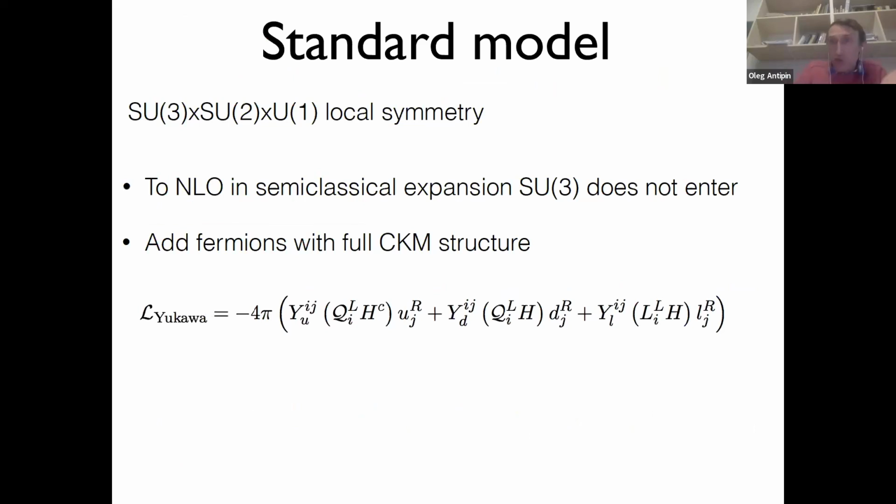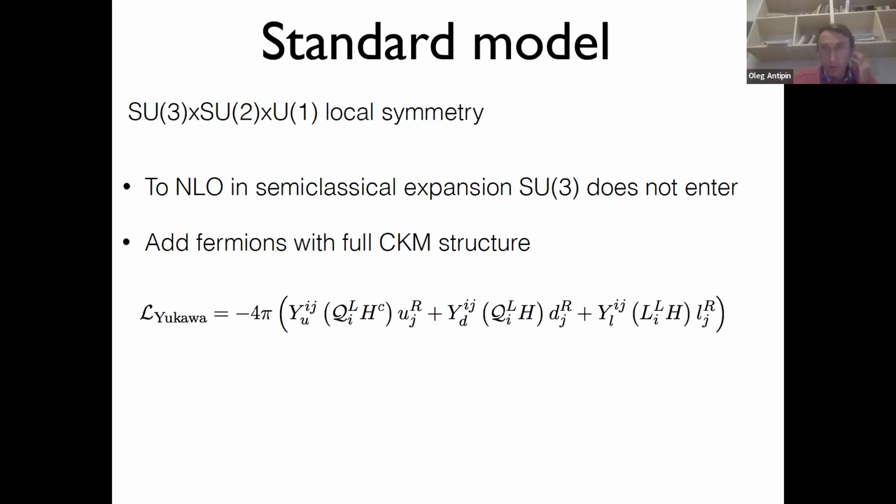Okay, so I showed you that the method is very general: in any dimensions, in any model, many models, different interactions you can do. So at some point we did the full standard model, basically. We said, okay, let's put the full local symmetry in the standard model, SU(3) cross SU(2) cross U(1).